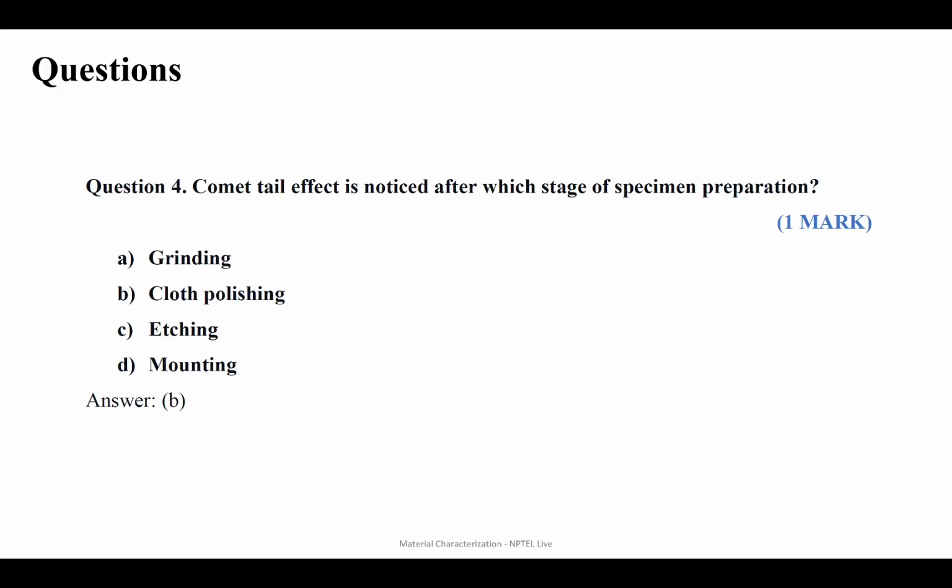The correct answer is B, cloth polishing. So when you do polishing using alumina and diamond paste, at that time you get the comet tail effect, which are very faint, thin scratches in your sample.